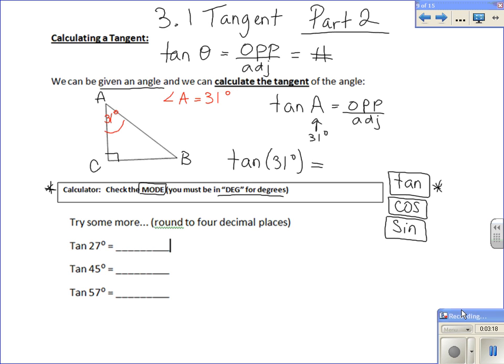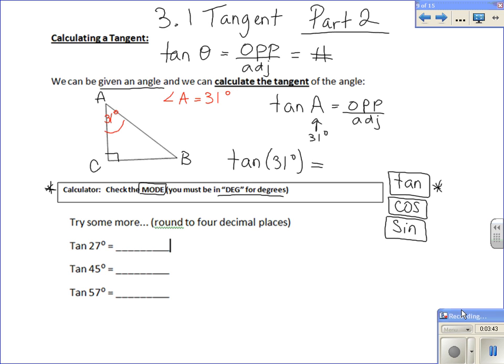What I'll get you to do today is try pressing the tangent button and then 31, and if you're getting the correct number, then your calculator is in degree mode. If you're not getting the correct number, have a look at your manual or bring it in to see me, and let's make sure that you know how to put your calculator in degree mode, because that is important.